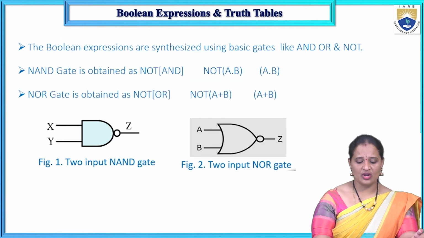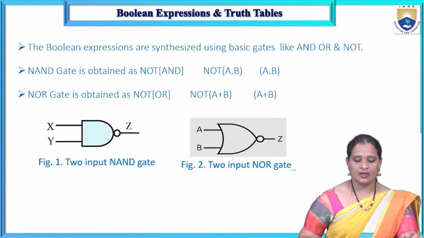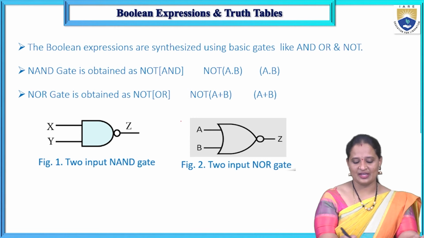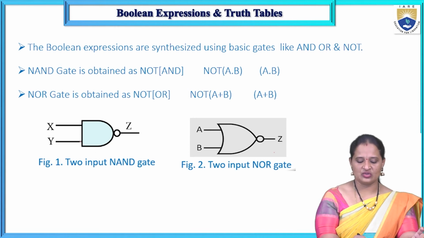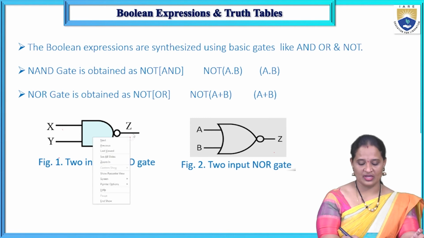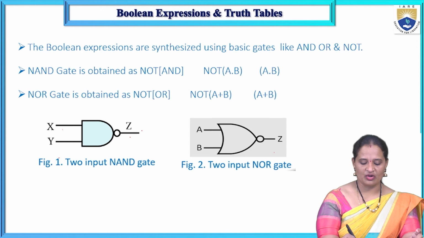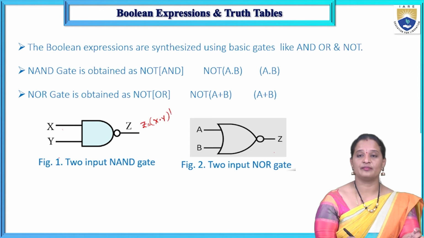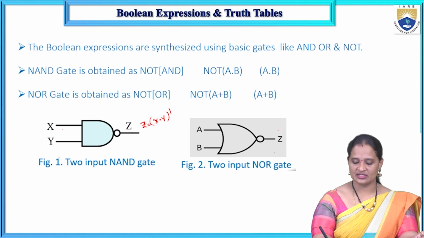Okay, so now these are the basic logic gates: the NAND gate and the NOR gate. This is a two input NAND gate, and this is a two input NOR gate. Here the output z is equal to x dot y whole bar, whereas for the other, z is equal to a plus b whole bar.